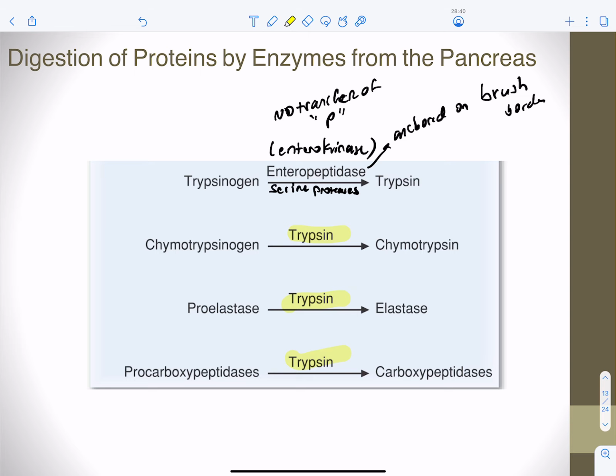Your chymotrypsinogen becomes chymotrypsin, proelastase becomes elastase, procarboxypeptidases, etc. So your trypsin is going to be very central because not only does it have a digestive role of being able to digest dietary proteins, it also has the role of activating other digestive proteases. Trypsin, chymotrypsin, and elastase are serine proteases, and these are also referred to as endopeptidases.